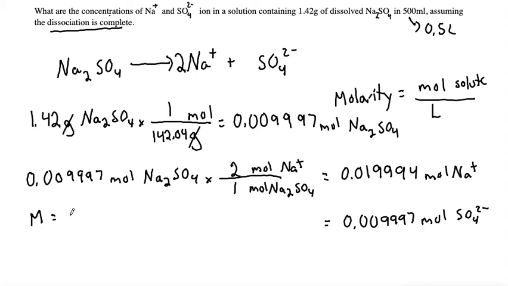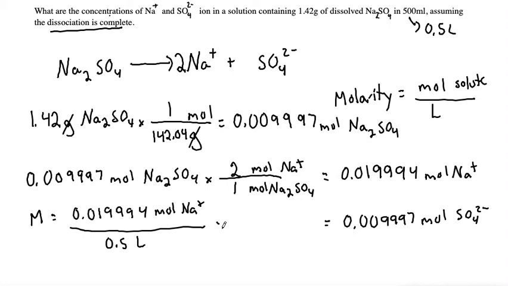We can plug in the moles, 0.019994 moles of Na+ over our liters, which is the 0.5 liters. And that gives us our molarity, which would be 0.03998 molar of Na+.